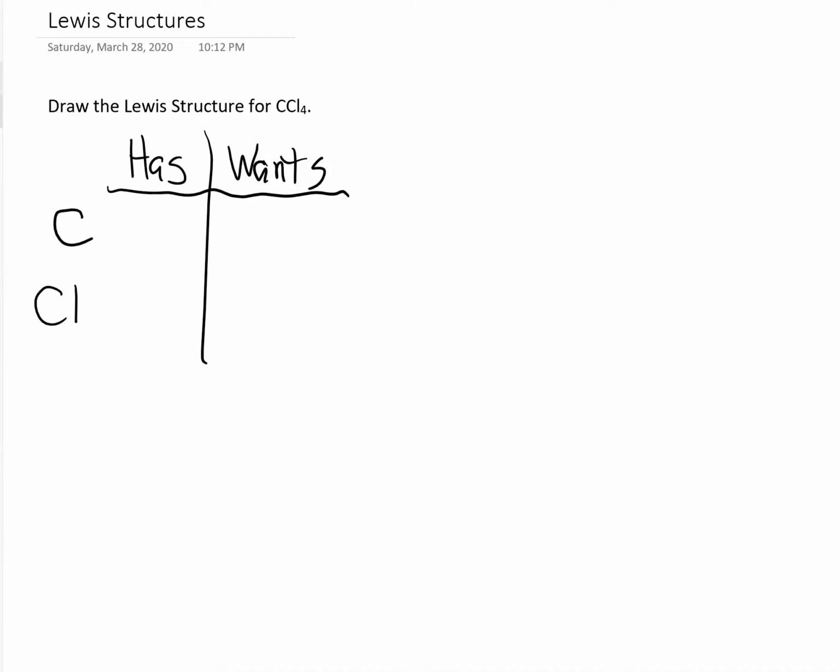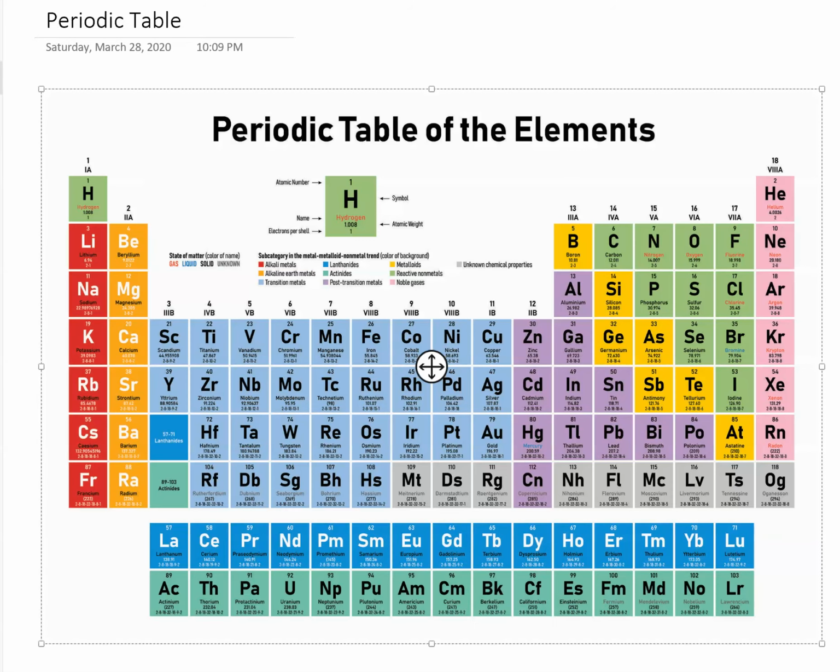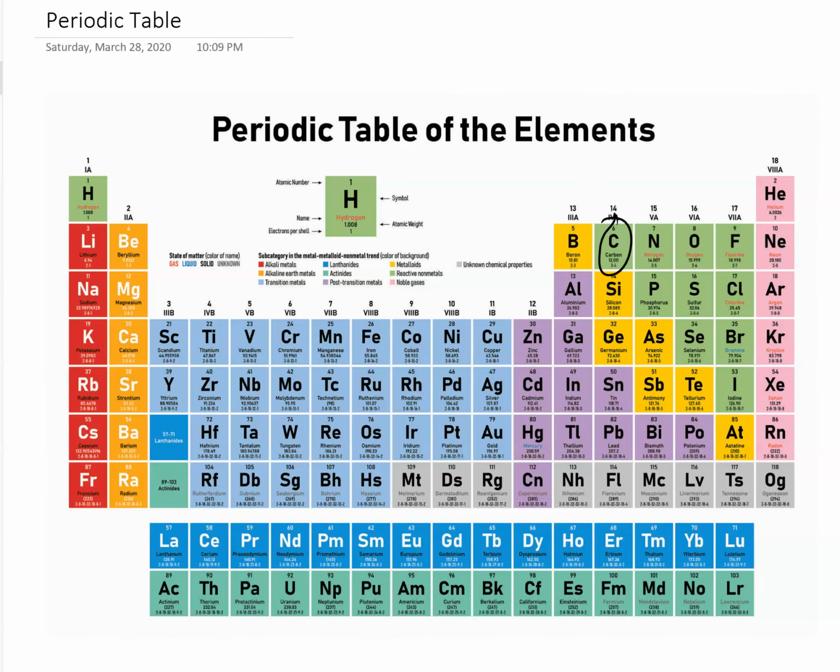And I'm going to look at my periodic table and see how many valence electrons both carbon and chlorine have. Looking at carbon, we find carbon right here on the second row, 1, 2, 3, fourth one over. So we know carbon has 4 valence electrons.